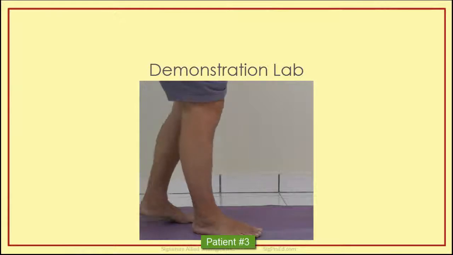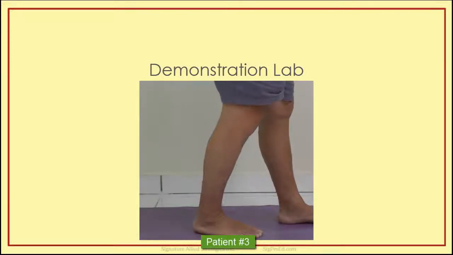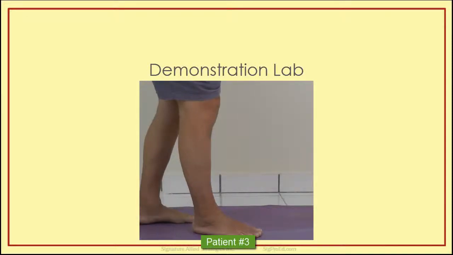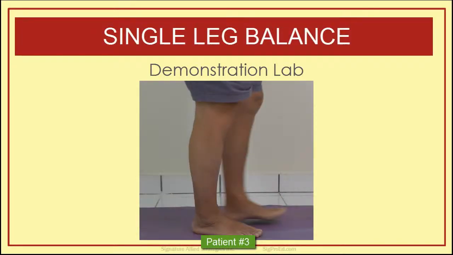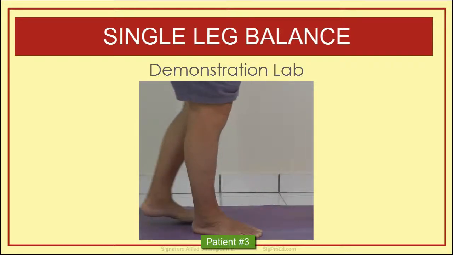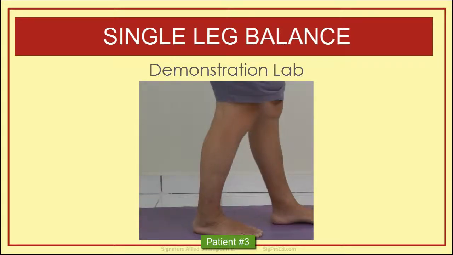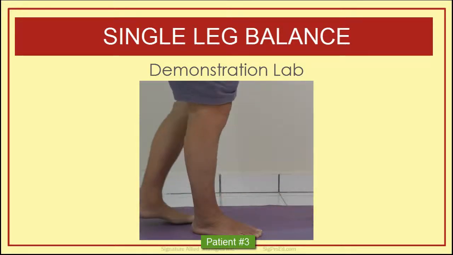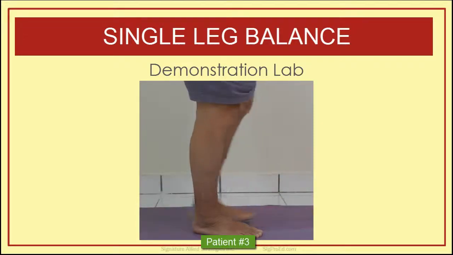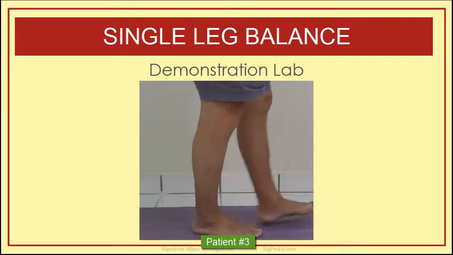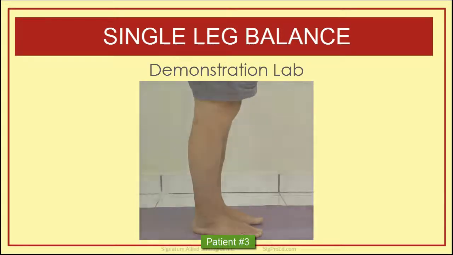Given that the patient was not able to maintain balance on the right, we're going to observe the stance phase of gait. So watch him as he moves his left leg forward and back and weight bears on the right foot. Stance phase of gait is about 0.7 seconds, so we're going to look for appreciable movement during the stance phase of gait. We do not see appreciable movement there. He has sufficient balance for walking, but not single leg stance.